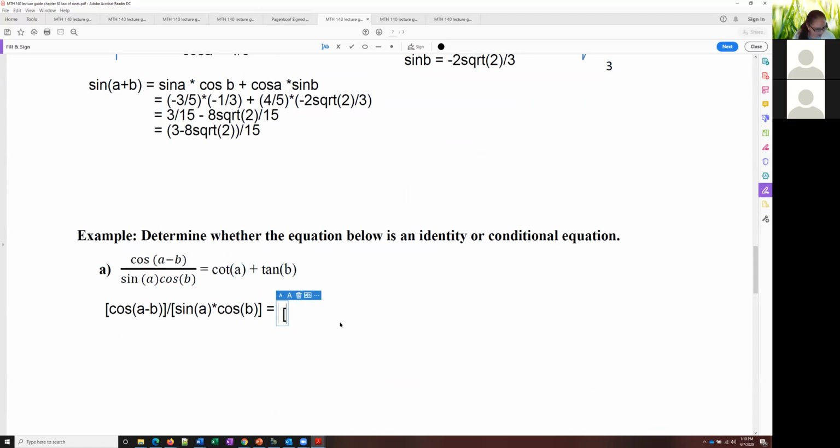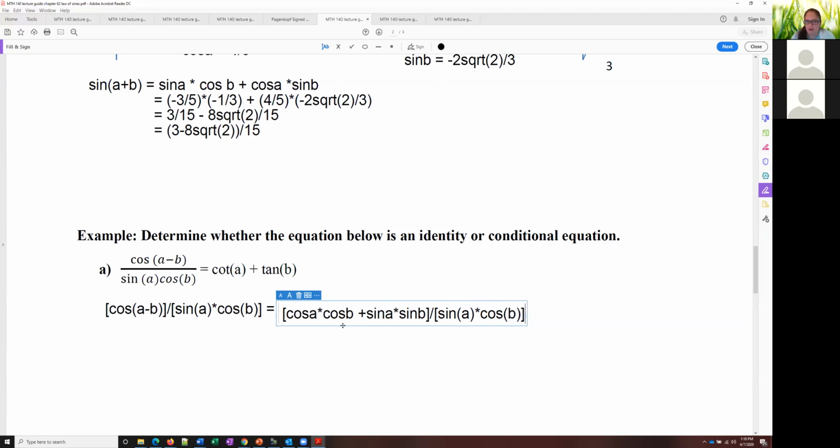On the top, we have the cosine of A times the cosine of B plus the sine of A times the sine of B. And the bottom has stayed the same. It's the sine of A times the cosine of B.